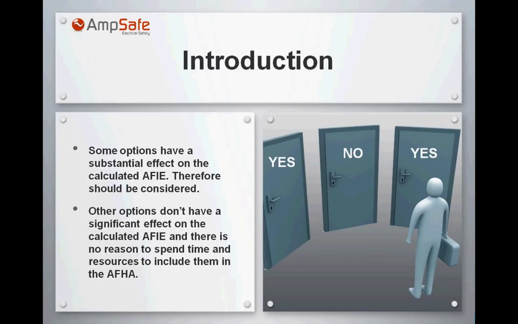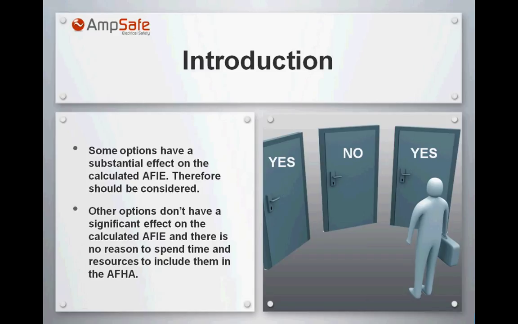And there are some other options that are not; that means that you're not going to open the door, you're not going to put a lot of effort into satisfying that option. So which doors do you open, and which do you just leave closed? Well, some of the options that you can take in the study will have a very large effect on the result, and definitely you should consider those options.